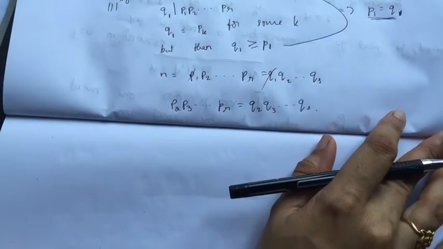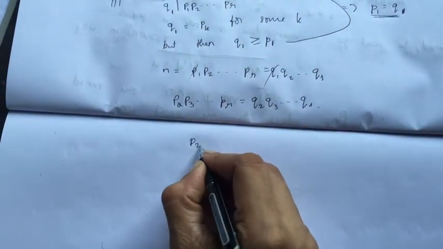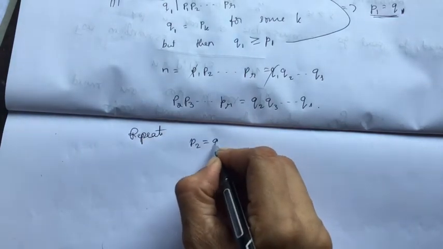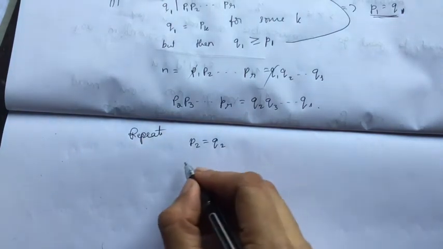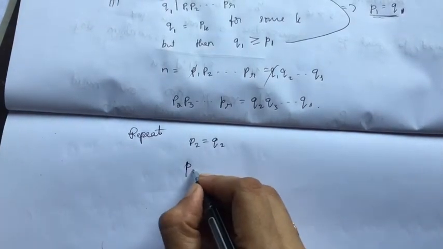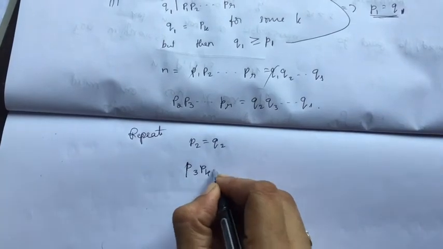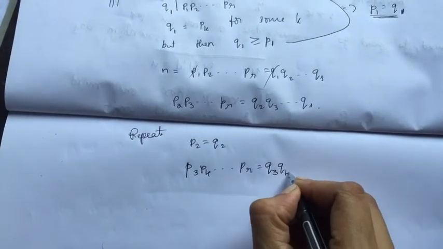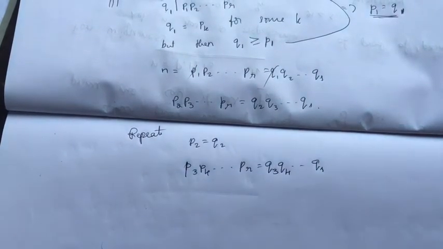Now repeat the same process to get P2 equal to Q2, and in turn you can cancel P2, Q2, and you get P3, P4, ..., PR equal to Q3, Q4, ..., Qs.